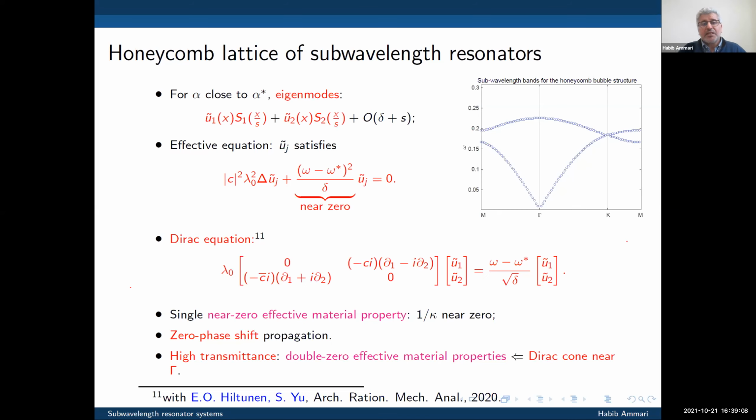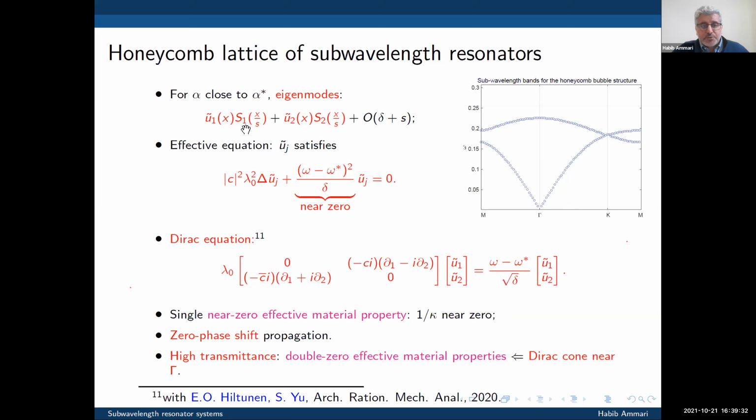Now, what's the behavior of the eigenmode here? The Bloch eigenmode for alpha close to this alpha star corresponding to this K symmetry point can be decomposed like this, up to some remainder. S is the size of the crystal, and delta is our small contrast parameter.